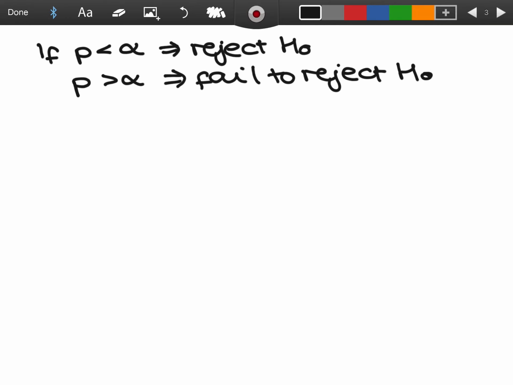So when you do these problems to do with proportions, you are going to do a one proportion z-test. That is the only difference here. Your test statistic will look slightly different if you do it the long way, and if you do it the short way, you're just going to be using a one proportion z-test. Everything else is the same.